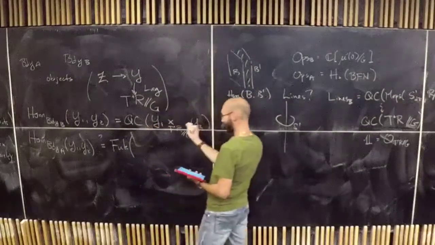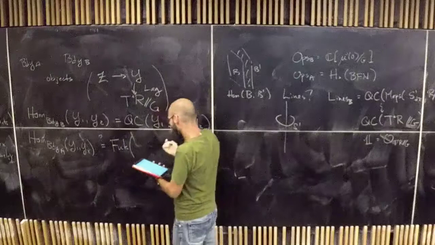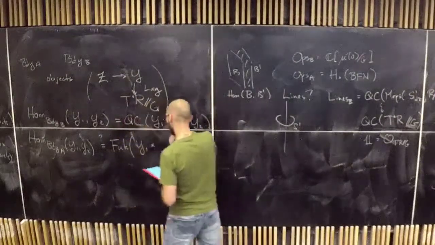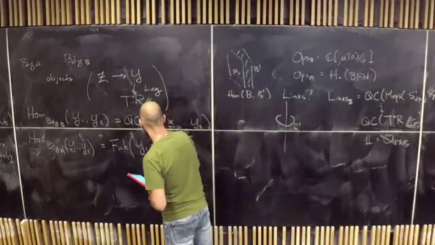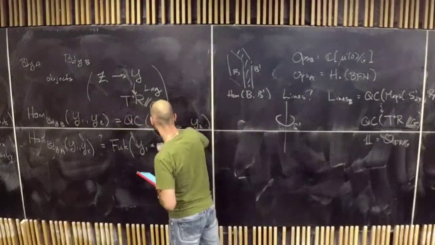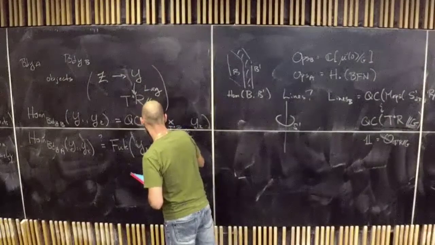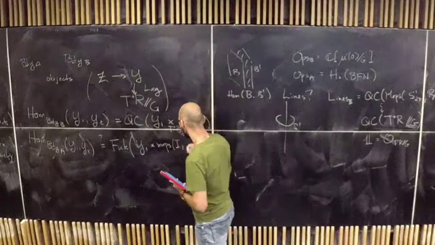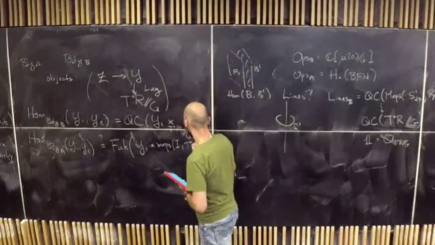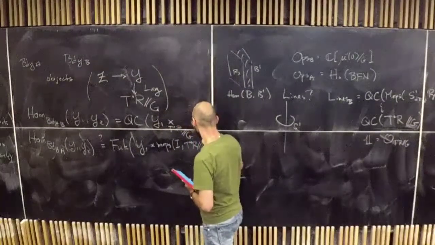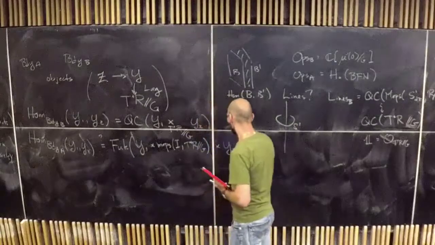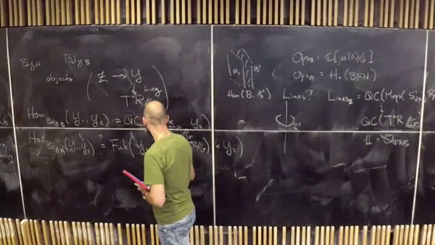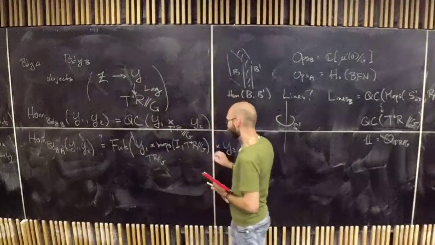You would hope that it's a nice fiber product, but you don't localize to constant maps, so it is some sort of fiber product, but you have to take paths, take maps from an interval into the Higgs branch, with the restriction that at the two ends of the interval, you land in the correct Lagrangians.